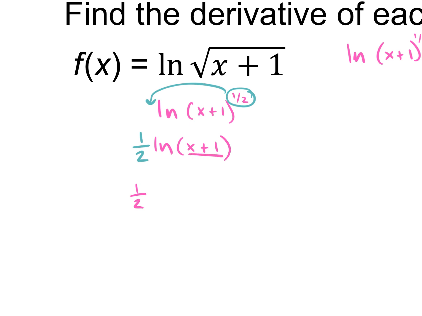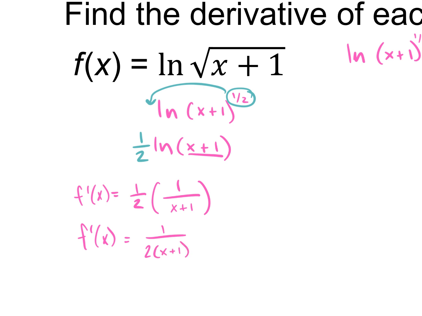So x plus 1 is going to go in our denominator, and then the derivative of x plus 1 is going to go up top. What's the derivative of x plus 1? 1. So let's write this a little bit better. Our derivative is going to be 1 over 2 times x plus 1. You could distribute it. You don't have to. I think WebAssign would probably take this as an answer without distributing it.